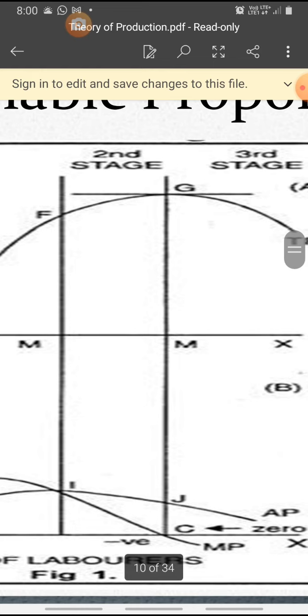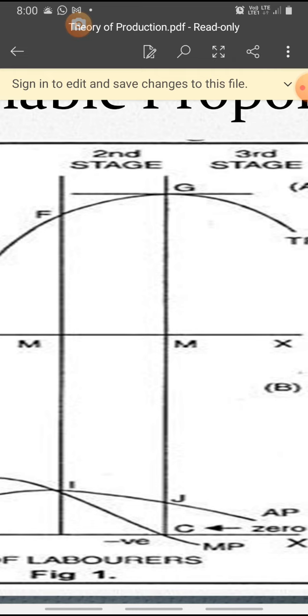Second stage, where marginal product reaches 0 and becomes negative. So marginal product is 0 where total product reaches its peak point. In the first stage, total product is increasing at an increasing rate.